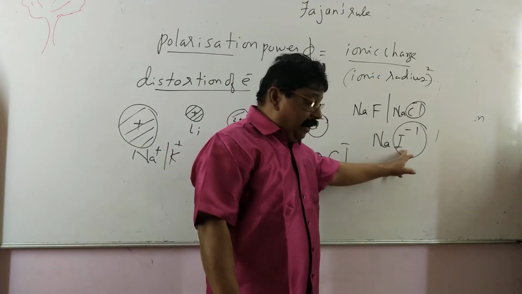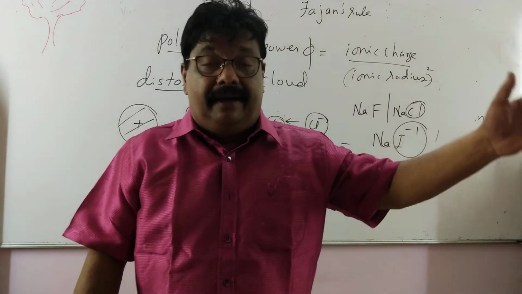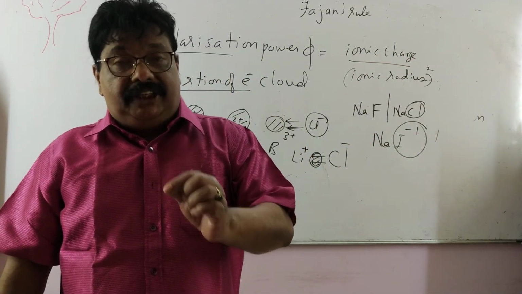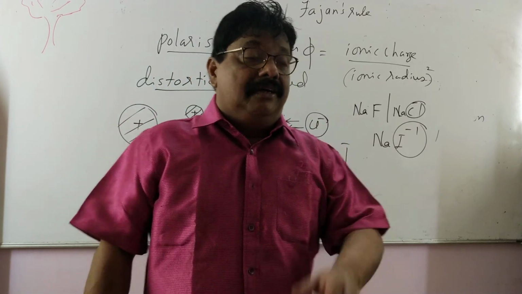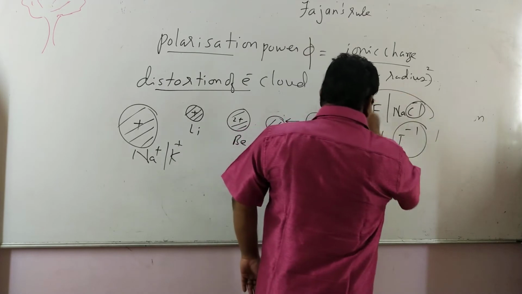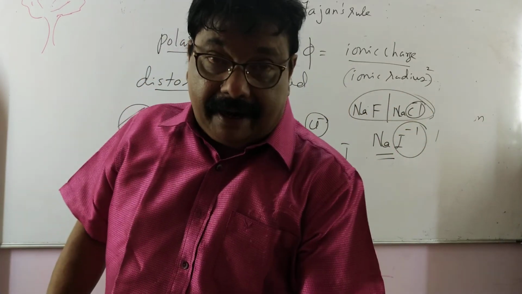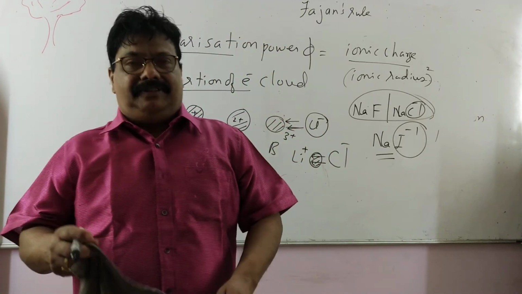But what about NaI? Iodine is bigger in size, a large anion, so more polarization, more covalent character. So the melting point of NaI will be less, whereas the melting point of NaF, KF or NaCl will be high because they have more ionic character.